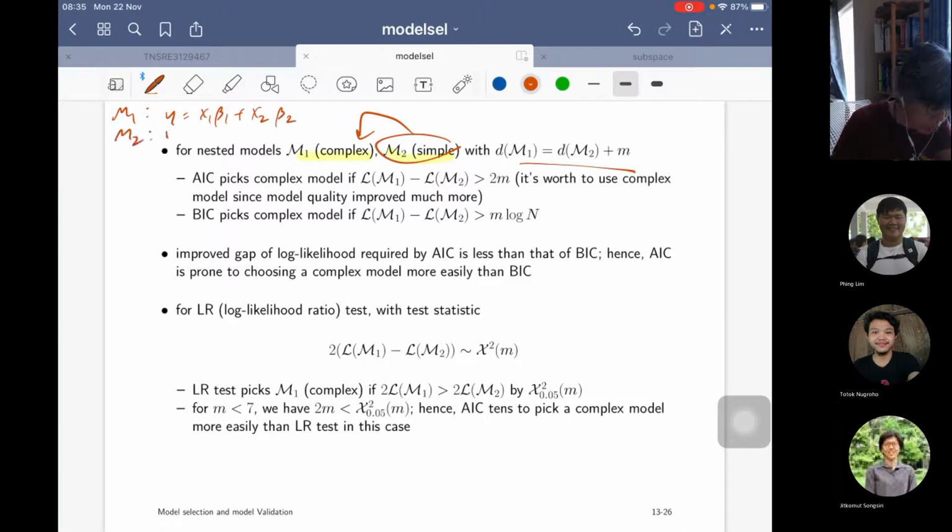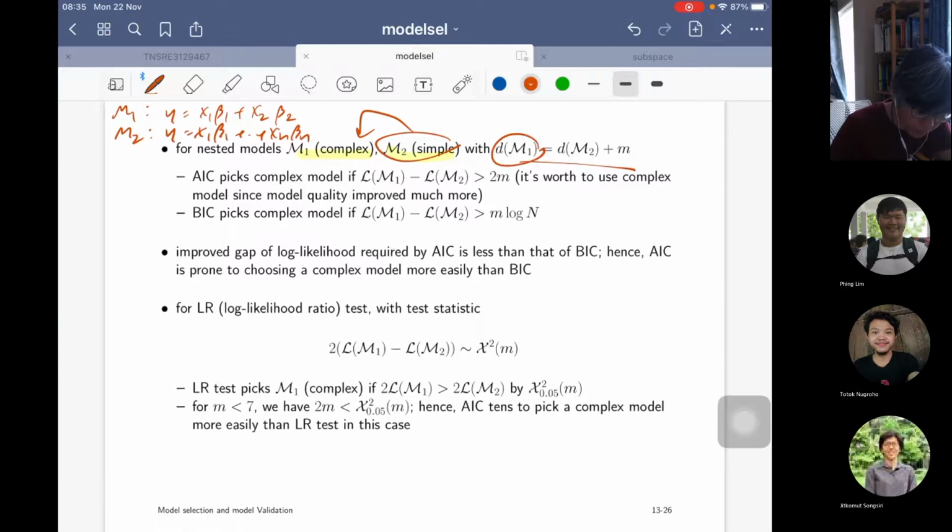My model M2 has n features, and my model M1 has m more features, which means it has x_{n+1} beta_{n+1}, going all the way up to x_{n+m} beta_{n+m}.